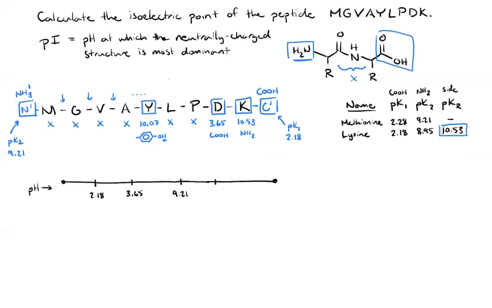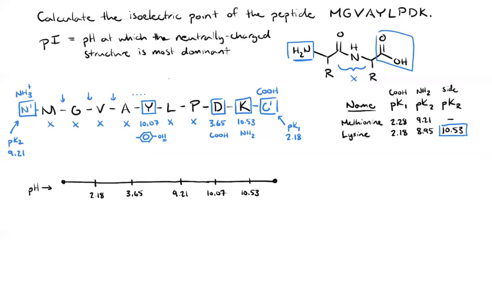And then we've got 10.07. And then finally 10.53. And I just want to leave a little bit of space between each one. I don't need to draw this to scale, but these are the turning points where a particular group, if we're at that pH, is going to be 50-50 in terms of its protonated/deprotonated ratio.